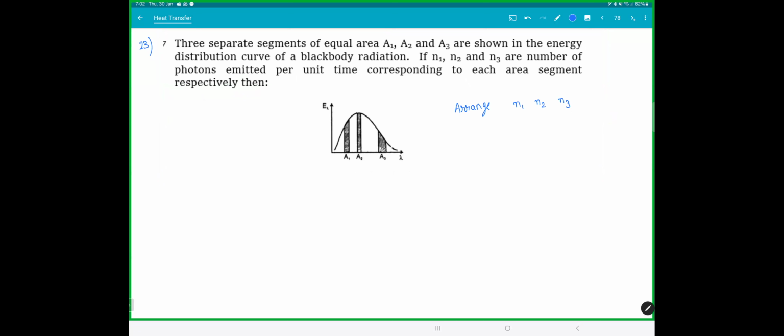N1, N2, N3 are the number of photons emitted per unit time corresponding to each area. So arrange N1, N2, N3 in ascending or descending order.